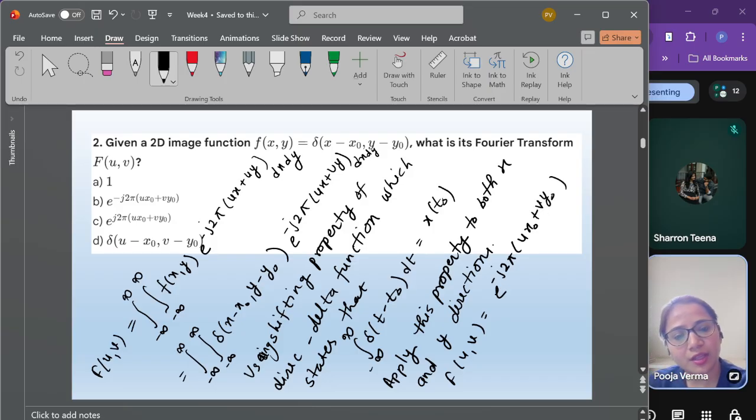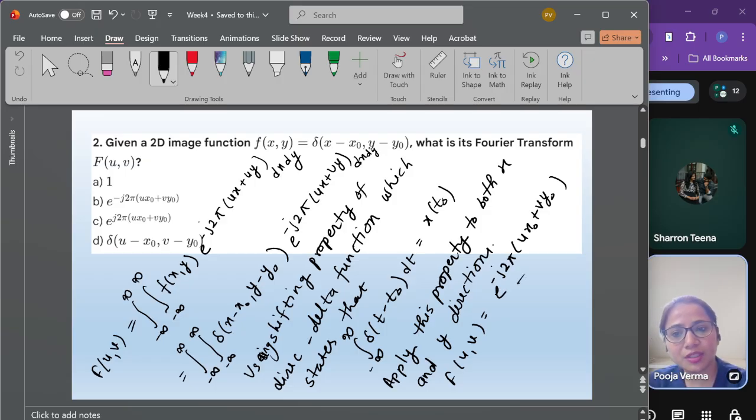If you just apply this property here, x of t naught is there. So what is our function? It is e to the power, in the place of x it will be x naught, and in the place of y it will be y naught. If you apply this property, you will get this function.